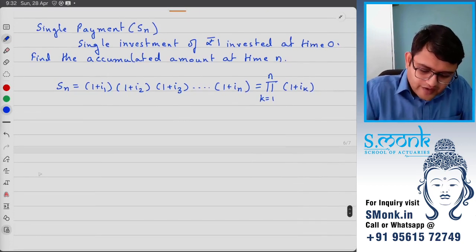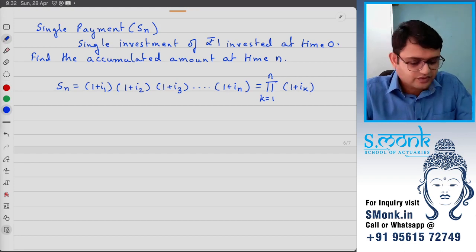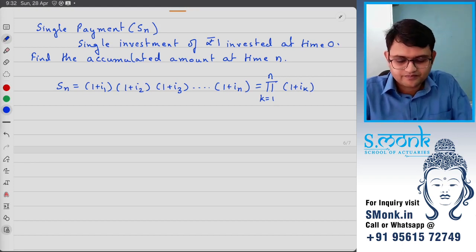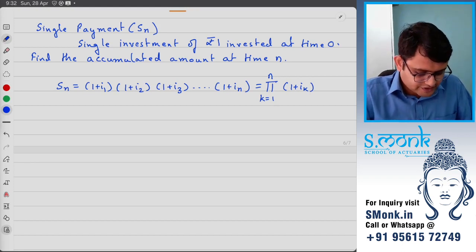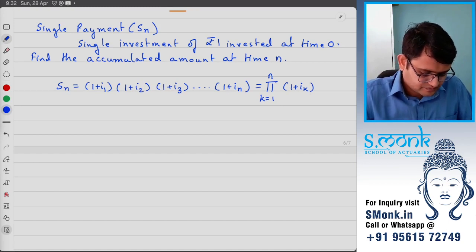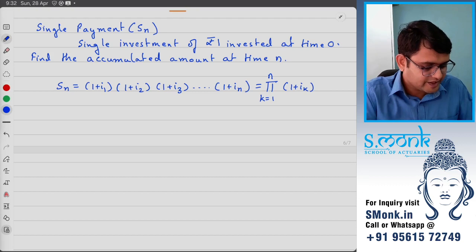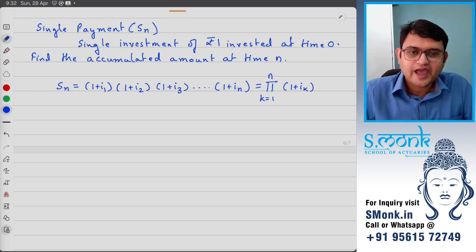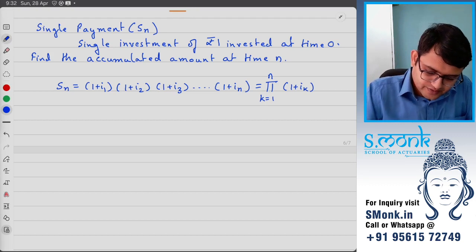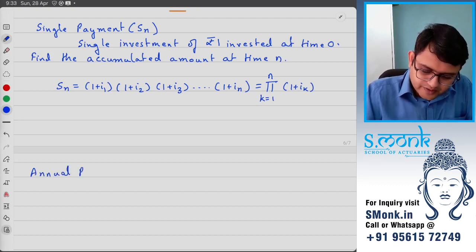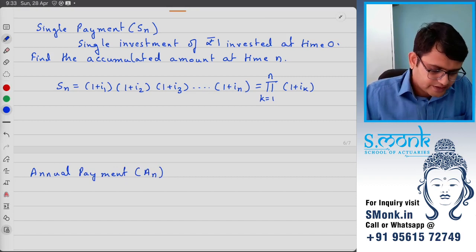We can have an, okay. So for this single payment, if I make a single payment each year, that will become an annual payment. So if I have annual payment, I'll write it as An.